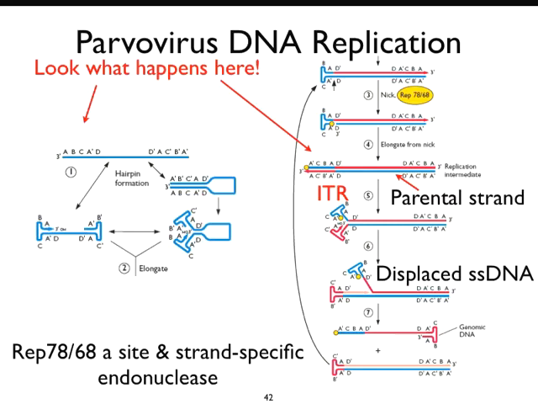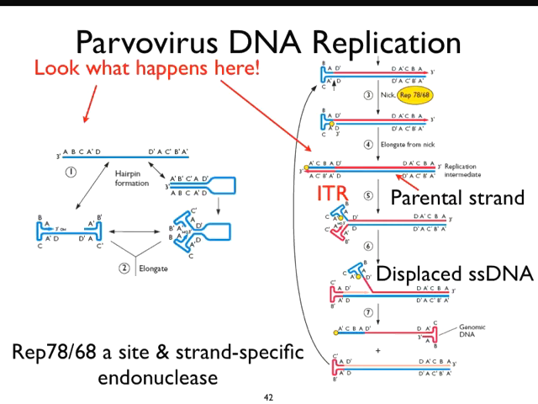part new, part old. But if you look very carefully, what you notice is that the sequence at the ends, which went from A, B, C, A, D, is now ACBAD, and it's a function of this having folded over on itself. And what happens is each time you replicate it, you get an iteration of it, and you get a change. When this protein binds, when 78/68 binds, it allows for displacement of this strand.